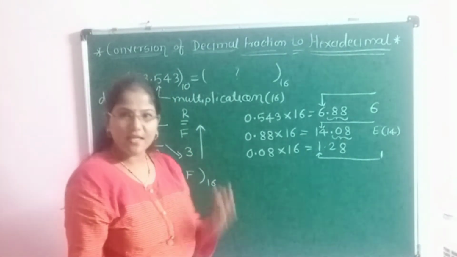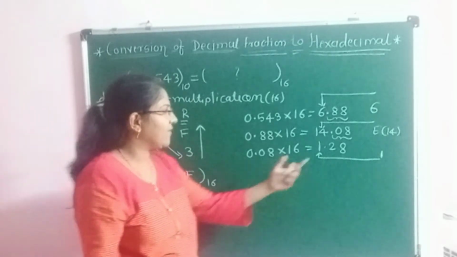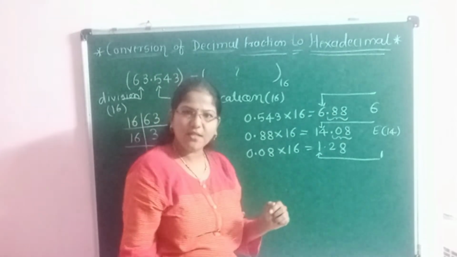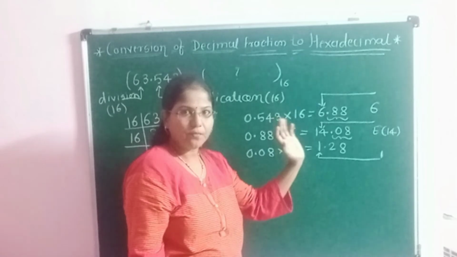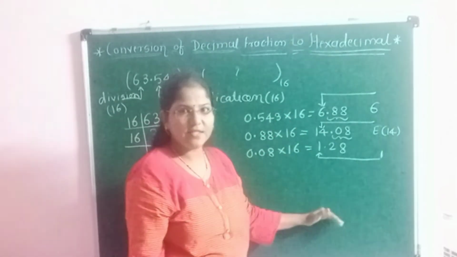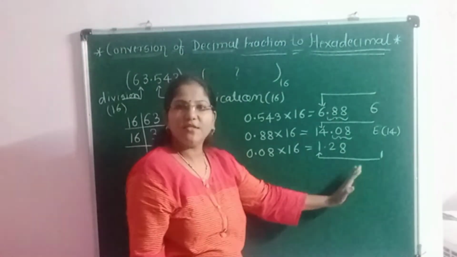So there are 3 cases where we can stop the process of multiplication. One is if we get the fractional part as 0. Suppose in the first iteration itself you get the fractional part 0, then we will stop the process there itself. Now if we are not getting the fractional part 0, then the next case is if the sequence of some fractional part numbers is going to repeat.